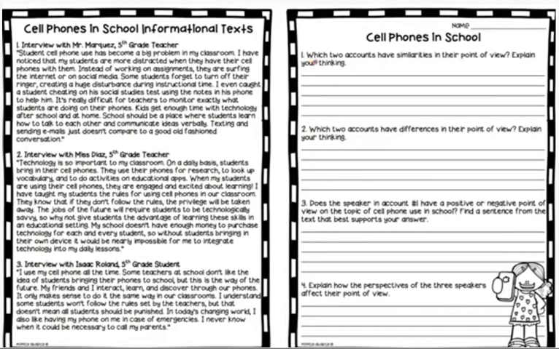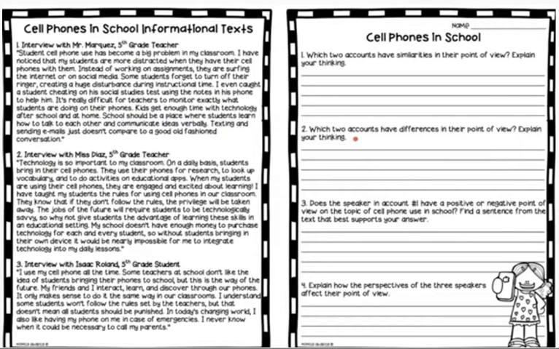Number 1, which 2 accounts have similarities in their point of view? Explain your thinking. Number 2, which 2 accounts have differences in their point of view? Explain your thinking. Number 3, does the speaker in account 1 have a positive or negative point of view on the topic of cell phone use in school?